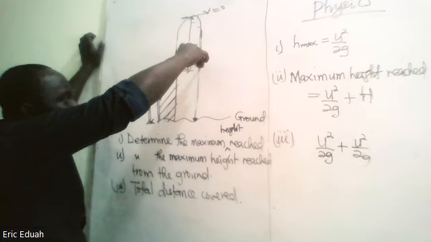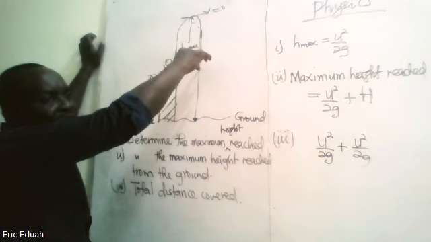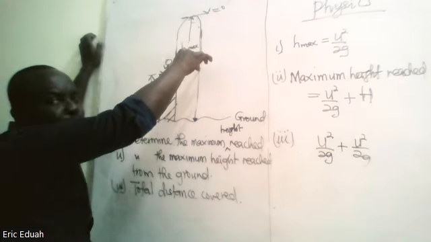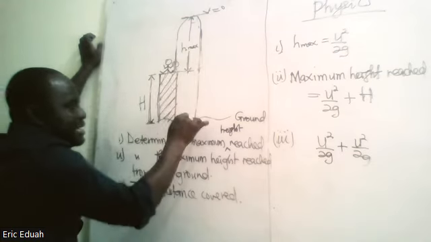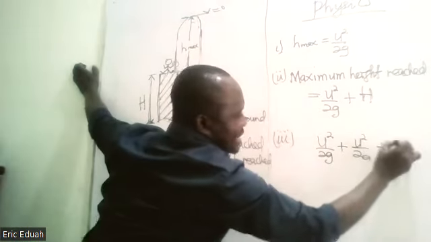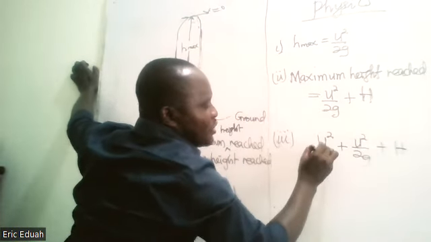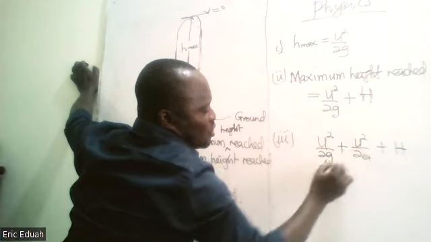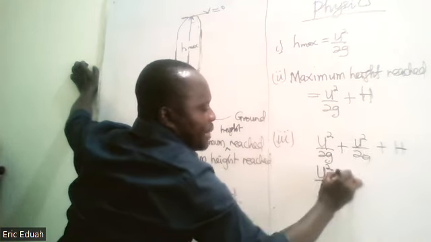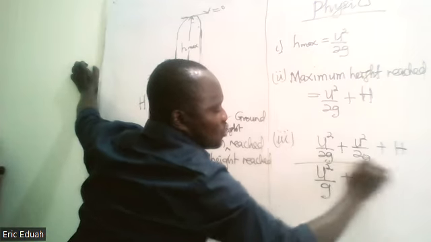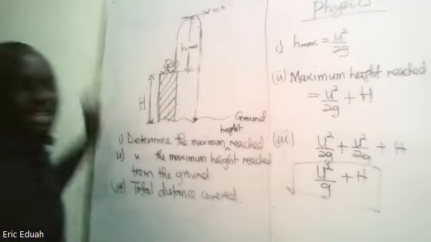But it would also have to cover the height of the tower on which the projector or the person stands. And the height is H. So plus H. But the point is that U squared over 2G plus another U squared over 2G is equal to U squared over G, plus H, giving us the total distance covered by the body.